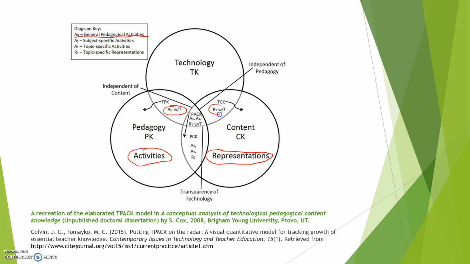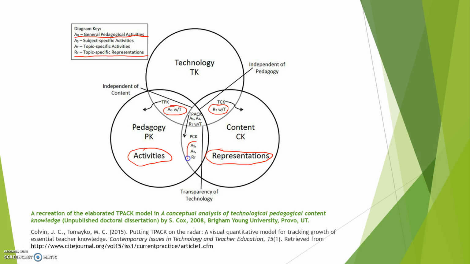Similarly, in TCK, or technological content knowledge, we have RT with T. That is a topic-specific representation with technology. So if you're creating a representation that is specific to the content being taught that day, that's demonstrating your content knowledge, and if you're doing it using technology, that's then demonstrating technological content knowledge.